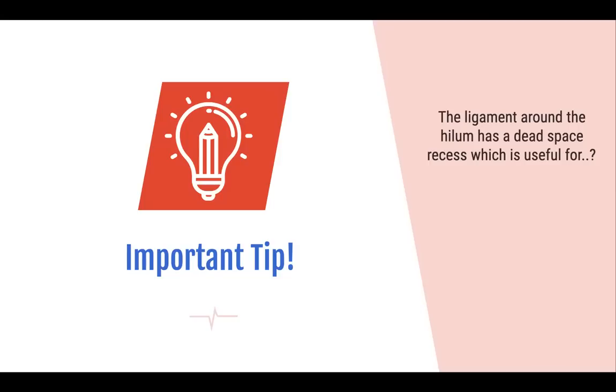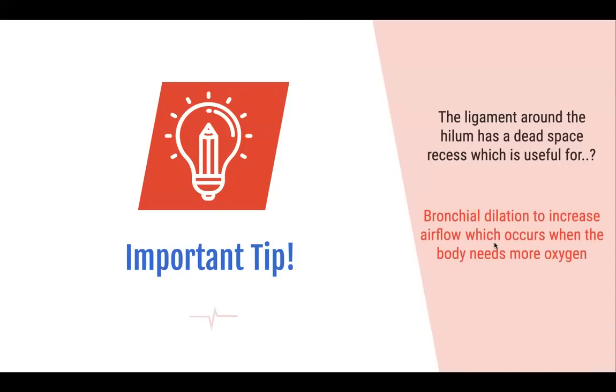Close, but it's basically the same concept, but in the bronchus, or the bronchial dilation, because our bronchioles can dilate just like our blood vessels and constrict. So whenever there's increased demand for oxygen and you need to increase airflow, you need space for bronchial dilation. So that's why we have that space.